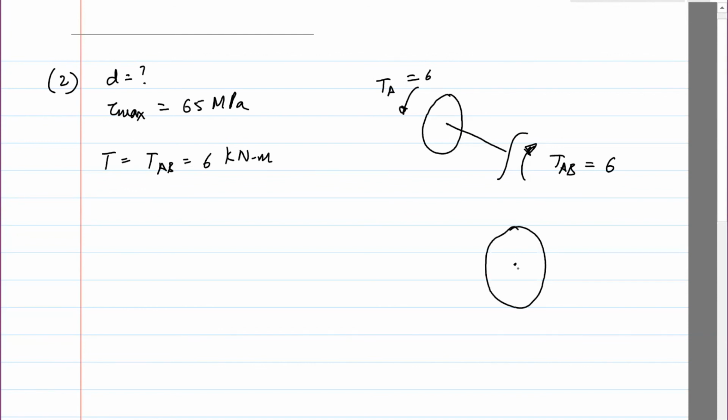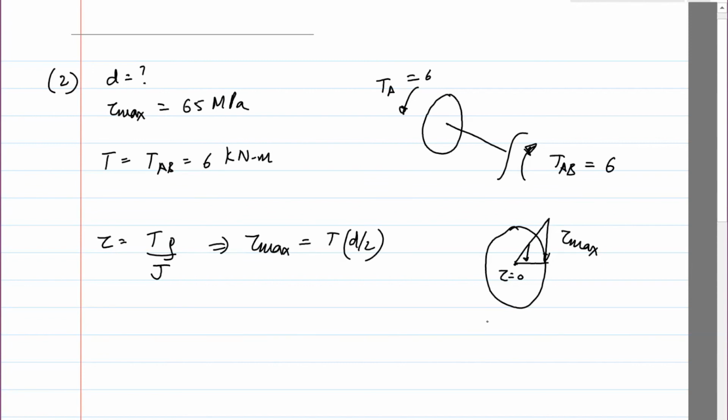Now for a circular solid shaft, we know that the shear stress is 0 at the center and it goes to a maximum value at the edge. Tau max is here and tau is 0 here, right? So if you write the formula, shear stress is T times rho divided by J. If you want to find the max, you put rho equals R, but R is D divided by 2, because this is the diameter.